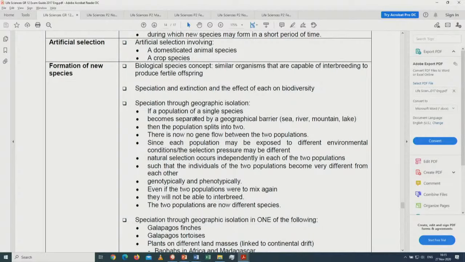There's no gene flow between the two populations. Since each population may be exposed to different environmental conditions, natural selection occurs independently in each of the two populations, such that individuals within the two populations become different from each other, both genotypically and phenotypically. If the two populations were to mix again, then they will not be able to interbreed. The two populations are now different species.